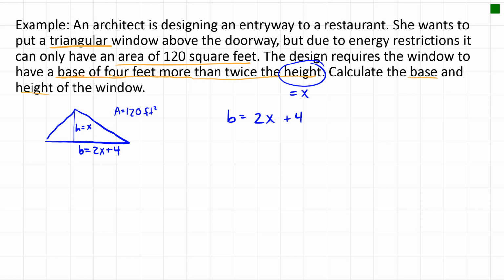Now I can go ahead and set up an equation, and the equation I'm going to choose has to have something to do with this area, because if I don't use the area, then I don't have any number to help me actually solve the problem.